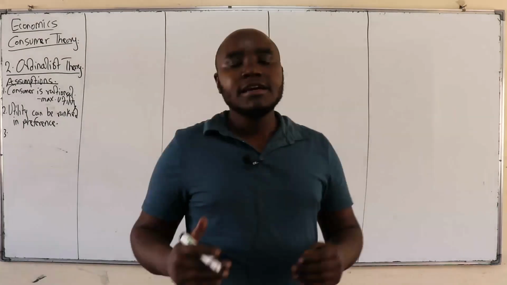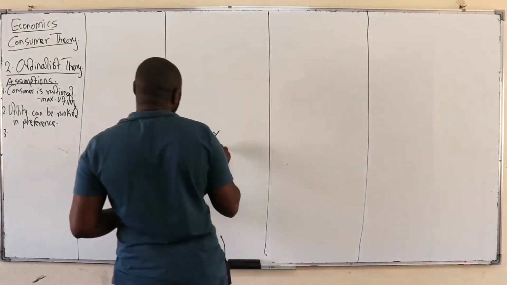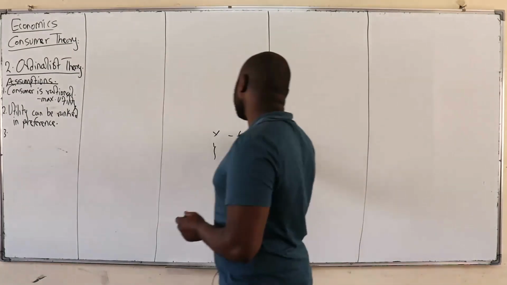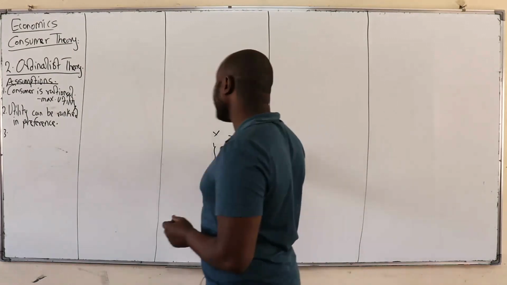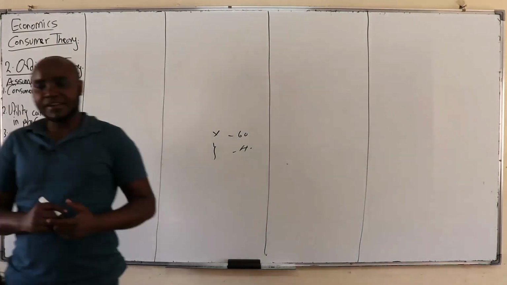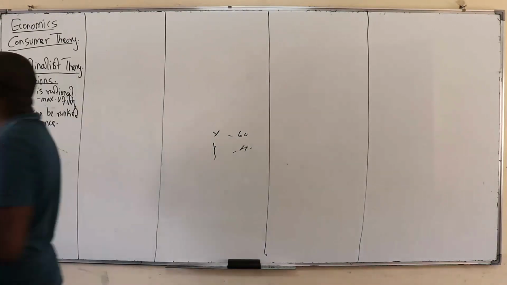For instance, when you are given commodities X and Y, we can rank them and say X is probably at 60, whereas the other one is at a different level. So we can rank our preferences. Are you together?